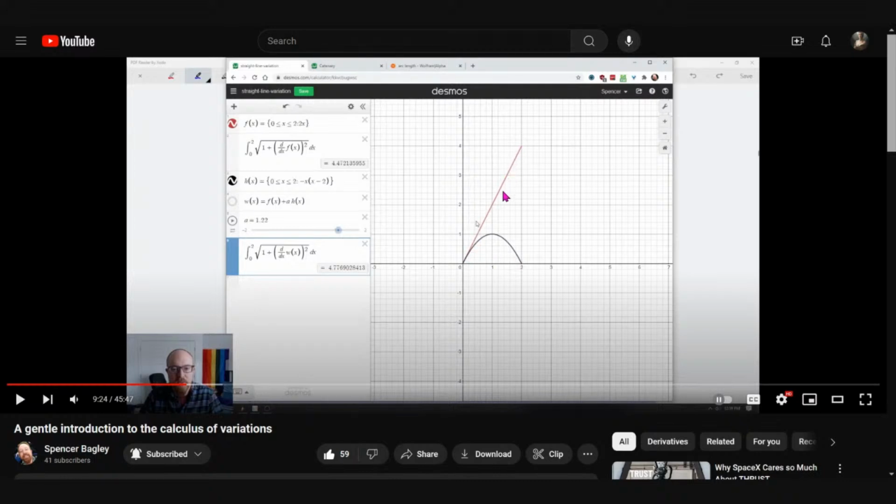So w of x is f of x plus a times h of x. We take f of x and add to it h of x times a, and we manipulate a so it can go from negative 2 to positive 2.